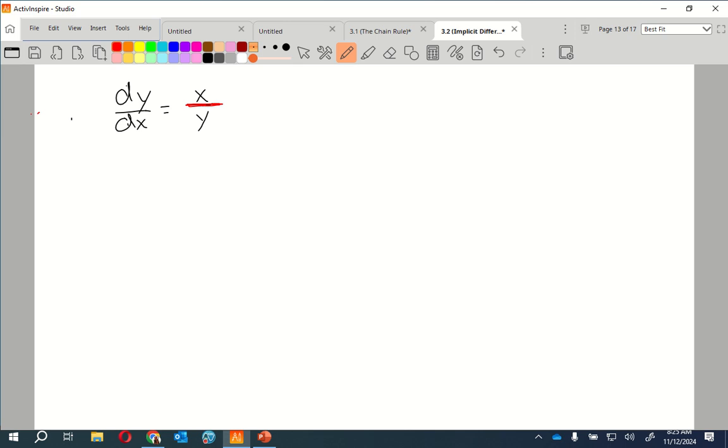So f, in this case, is my x. F prime is 1. G is y. G prime is going to be 1 dy/dx.